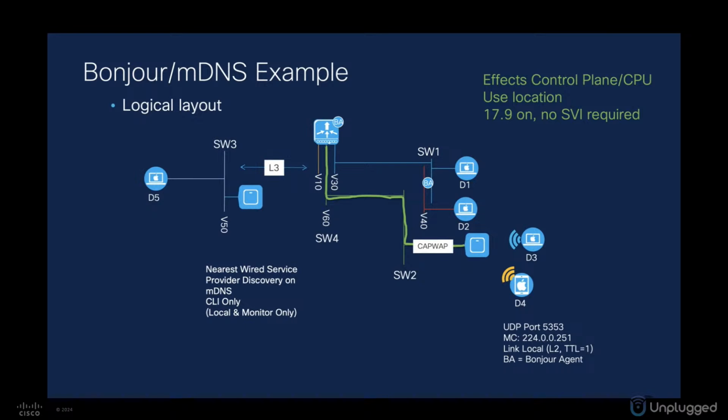There's no direct layer 2 connection, no trunk between that switch and the controller. And so we have different clients, D1, D2, D3, D4, and D5. We've got the wireless LAN controller set up as a gateway. If you'll remember, last time we went through how to configure the wireless LAN controller as a gateway and all the different parts around location-based services and filtering, and the wireless LAN controller does a great job of that.